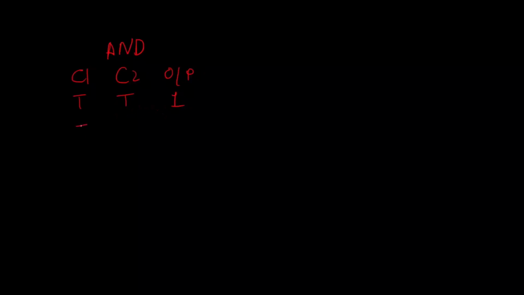If it is true and it is false, it will give us 0, because it is not true. If condition 1 is false and condition 2 is true, then again it will give us 0. And if both are false, in that case also it will give us 0, meaning not true.